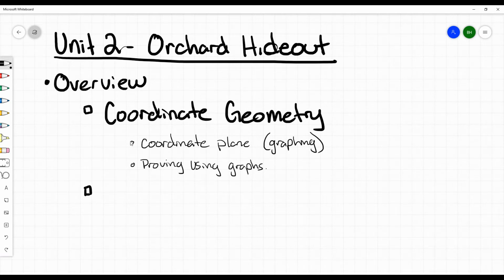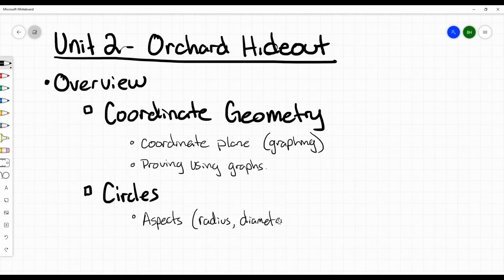The second objective is related to coordinate geometry, but has to do primarily with circles. A lot of us in your middle school experiences maybe had a teacher or two neglect circles and understanding circles, and they maybe just gave you a list of formulas to use. But there are different components or aspects of circles, including the radius, the diameter, and things that are considered tangent lines to the circle, which has some overlapping features with coordinate geometry.